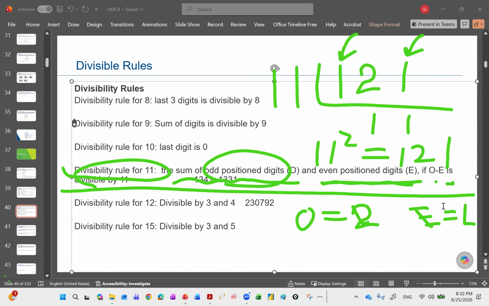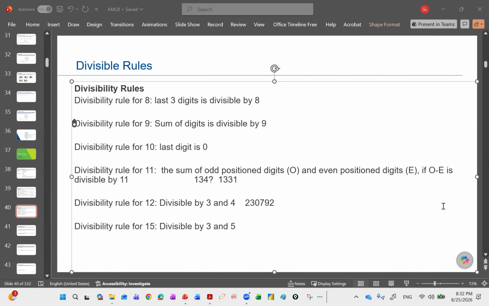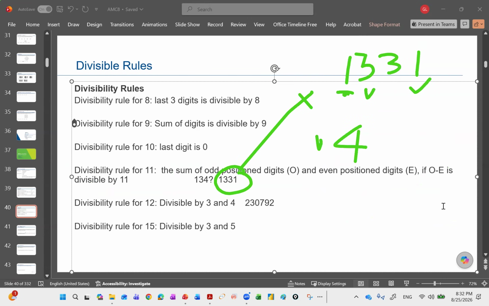So let me find another bigger number. What about this number, 1331? The odd positions sum to 4, so O is 4, and E is also 4.